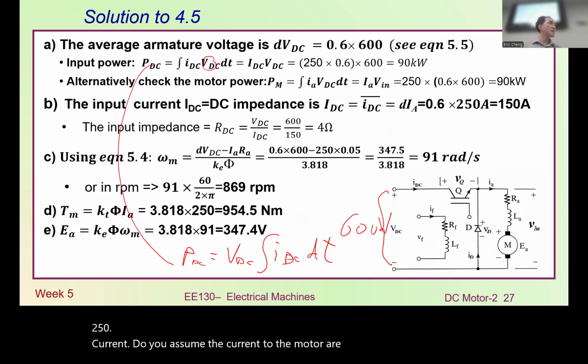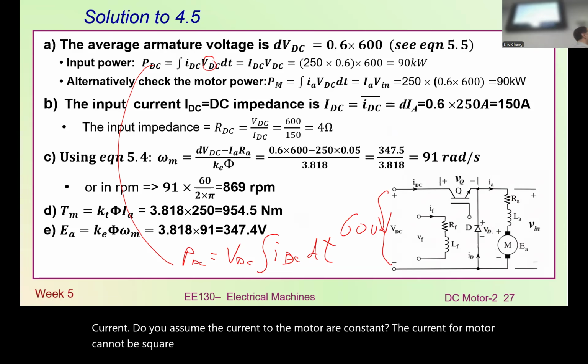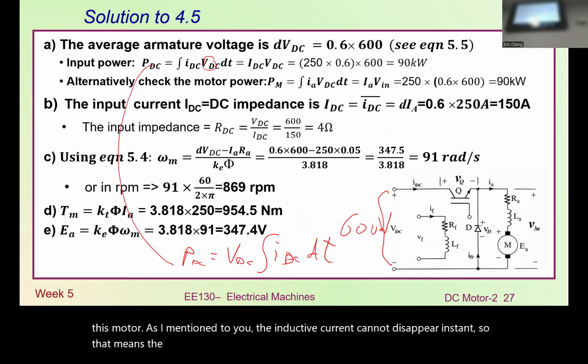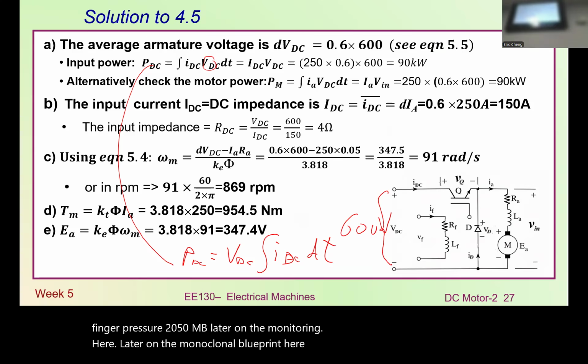The current for the motor cannot be a square wave. The current for the motor must be a constant DC, more like a DC voltage. As I mentioned to you, the inductive current cannot disappear instantly. So the motor current IA will continue to flow at 250 amp, as in the question. When turned on, the motor current will conduct through here. When turned off, the motor current will loop through here. So the current can only be constant. Maybe it has some ripple, but it won't be discontinuous.